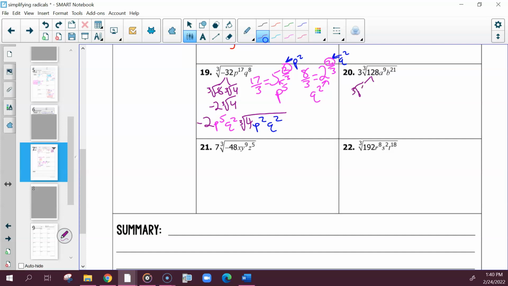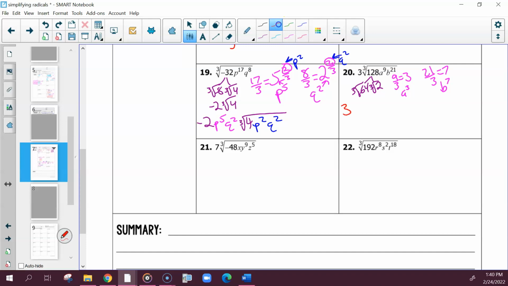All right, 128 can be divided by 64. We have the cube root of 64, the cube root of 2. 3 goes into 9 3 times, so that would give us a to the 3rd. 3 goes into 21 7 times, so that would give us b to the 7th. So there will be no leftover a and b inside, but there will be a leftover number on the inside.